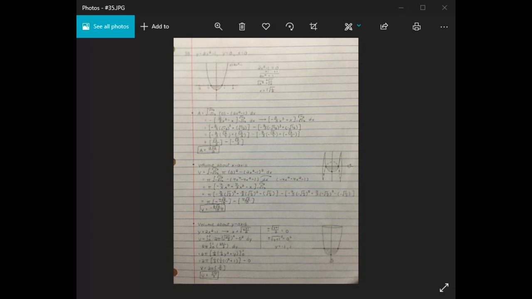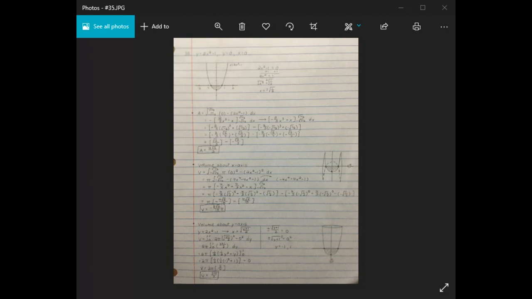So then I found the antiderivative of y plus 1. Wait, no. So then I got 2 pi r squared, which is square root of (y plus 1)/2 squared, which would be (y plus 1)/2.